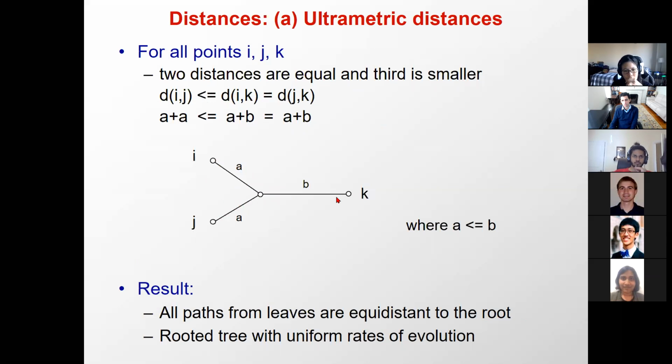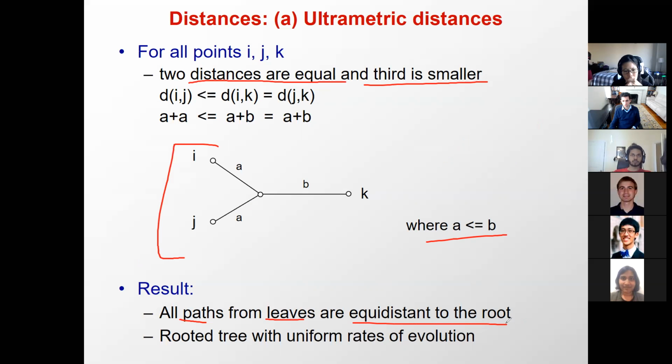Because if it was larger, then I would have a different tree, because I don't have a root. If these two were larger, then I would have built a different kind of tree topology. So what we basically have is that two of the distances are equal and the third is smaller, as the condition for knowing that this was sampled from a tree where all paths from the leaves are equidistant to the root.